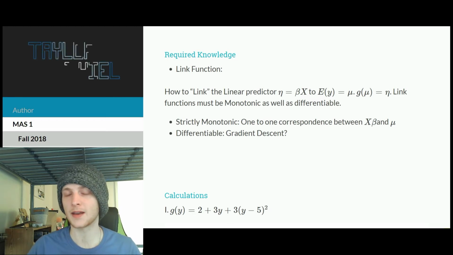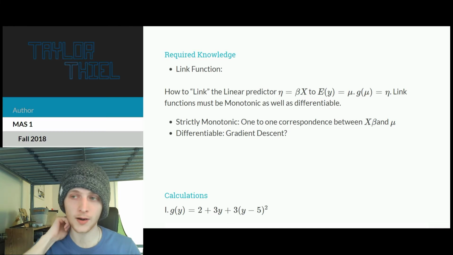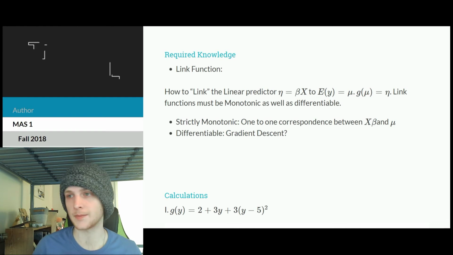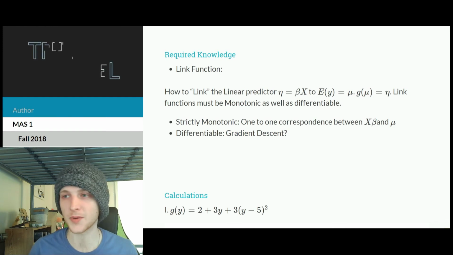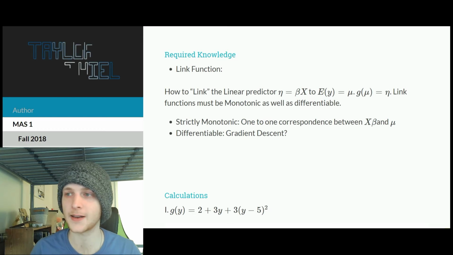So we can deal with nonlinearities, and we can deal with changes in the domain of our expected value. For example, with a binomial, we don't want it to range from negative infinity to positive infinity, and a few other things.